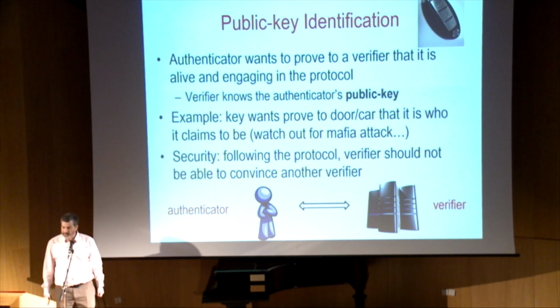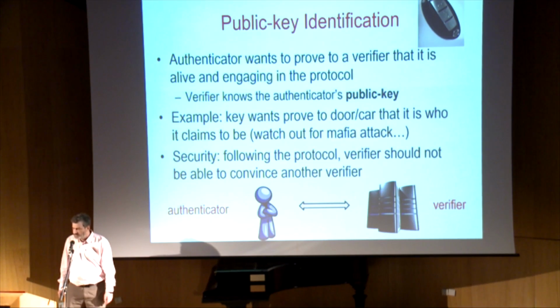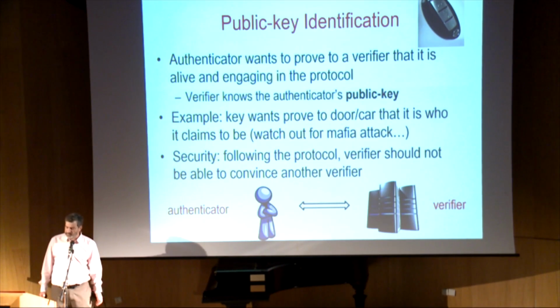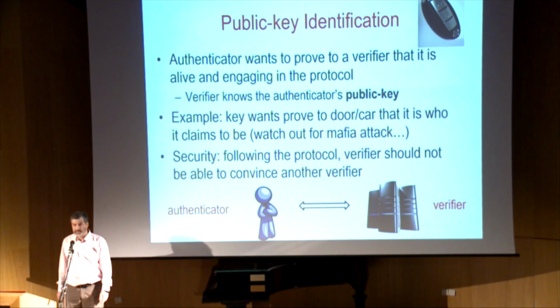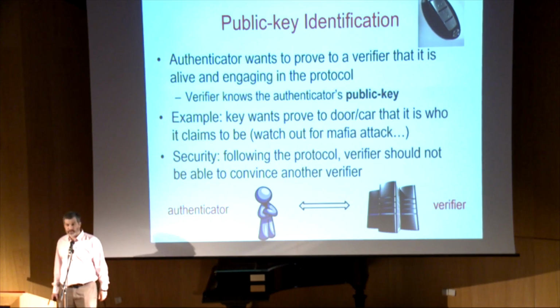And for that, we reduce it to the public key identification problem. So we have an authenticator who wants to prove that it's alive and engaging in the protocol, for instance, that the verifier knows its public key. So think of when you come to the car, and the car identifies your key by such a protocol.